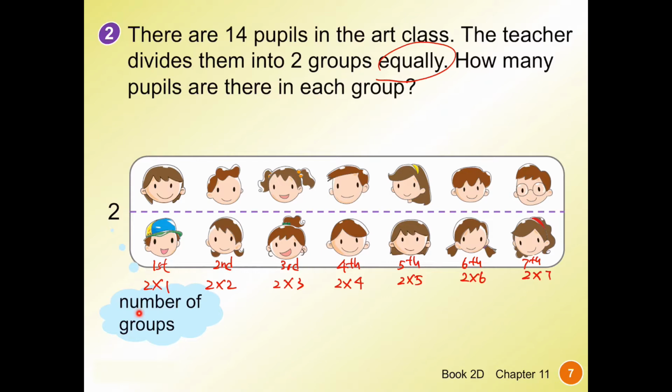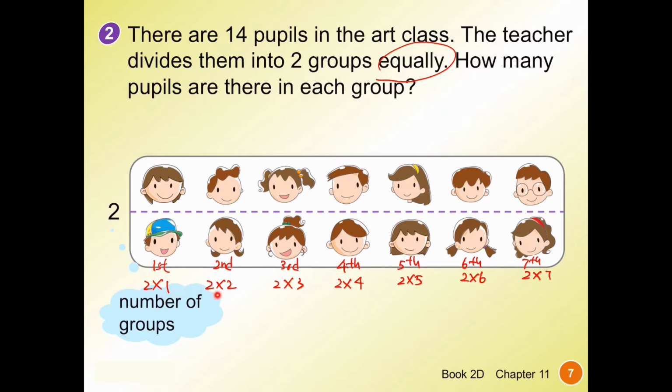So we know in advance that we have 2 groups here. And then we'll do the same thing as in question number 1 on page 13. So we'll assign 1 student to each group as our first time of the repeated subtraction.